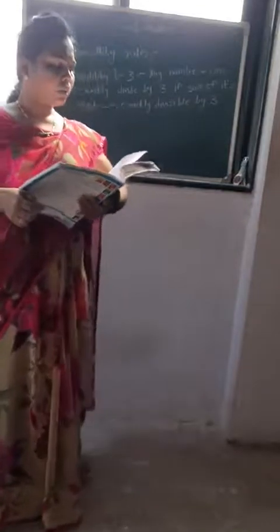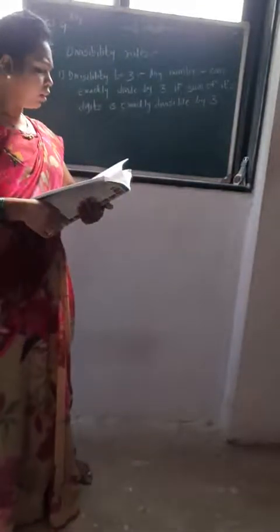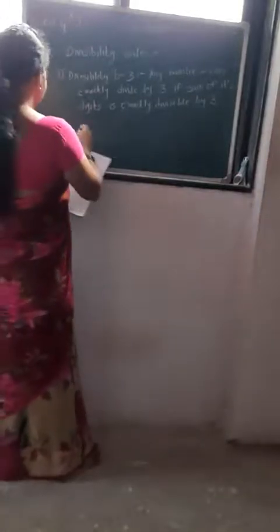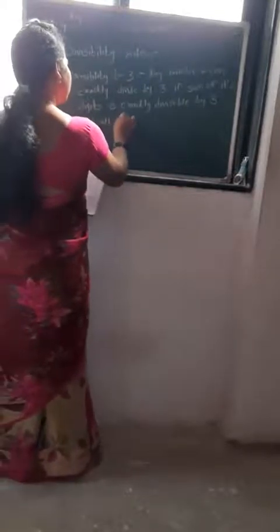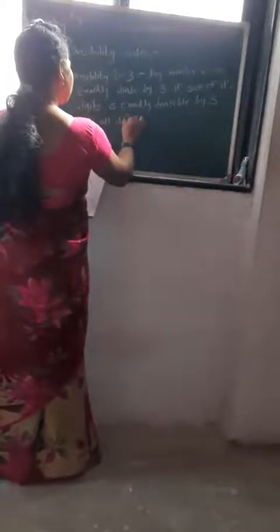We have given one number, 4593. Add all the digits. 4 plus 5 plus 9 plus 3 is equal to 21.